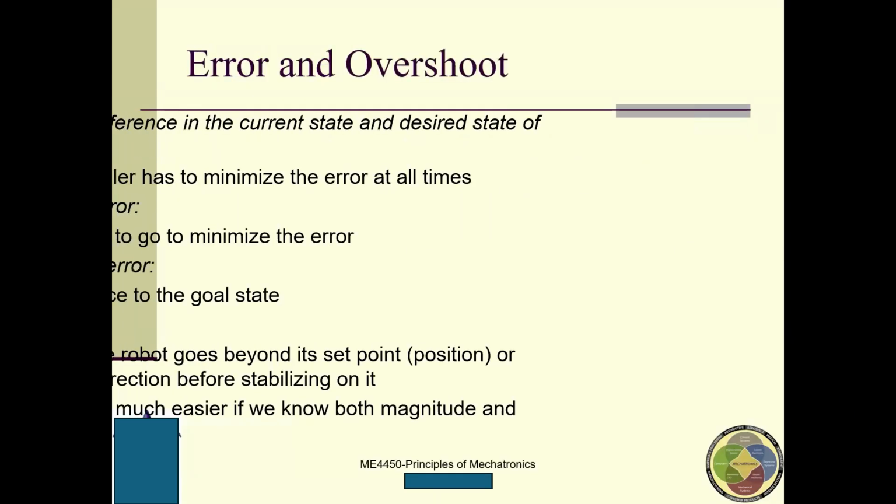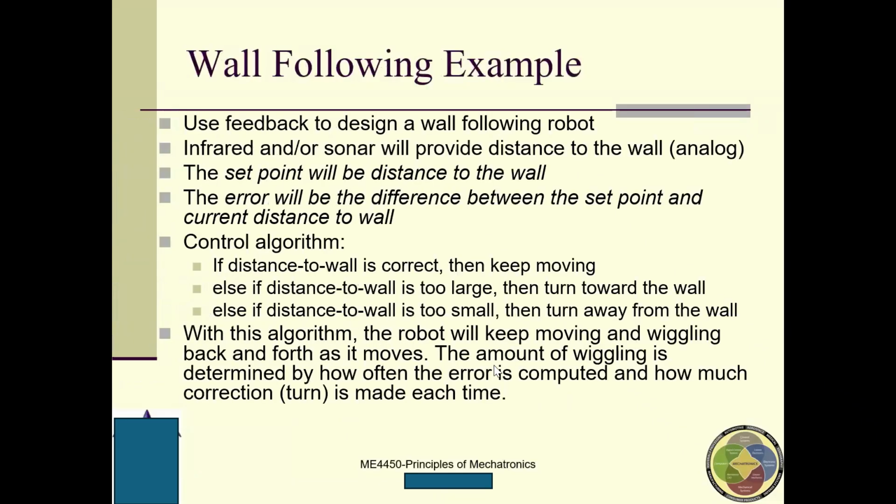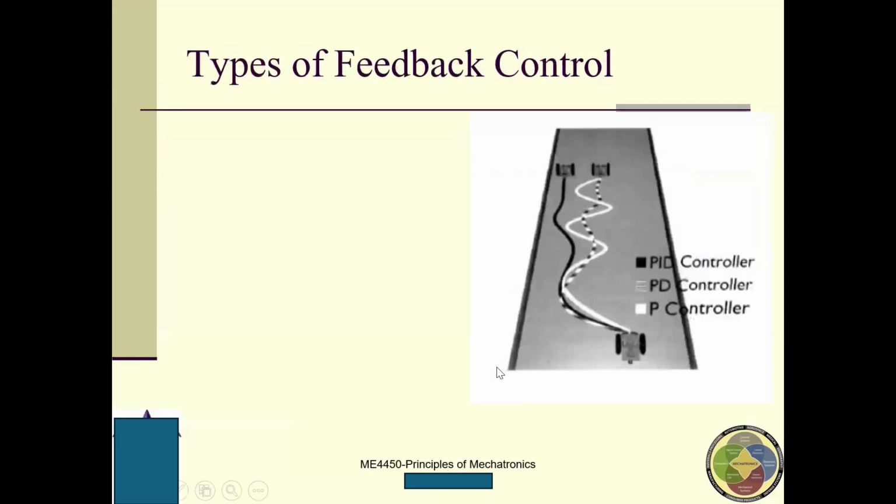So error and overshoot, you can take a look at this one. Here is one example. Previously, with the mobile robot, this content was cut off from this course. Usually in this course we have wall following. This is the task for the students to do.